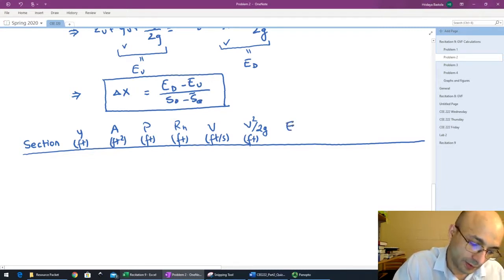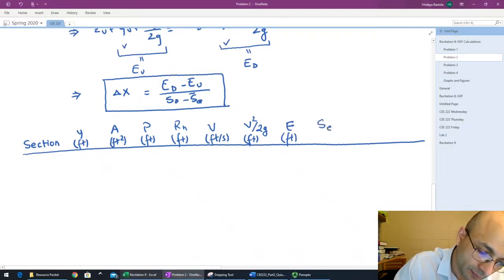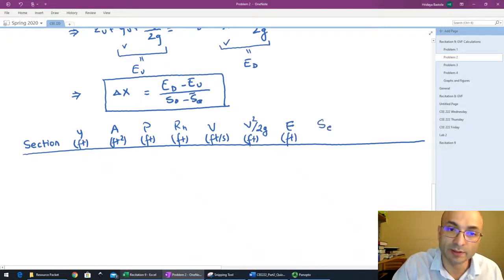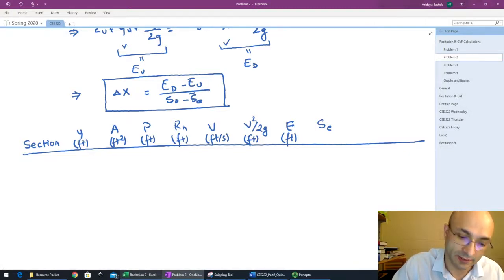And once you have the water depth and the velocity head, you can get the specific energy in feet. We can calculate the slope of the energy grade line at any location.